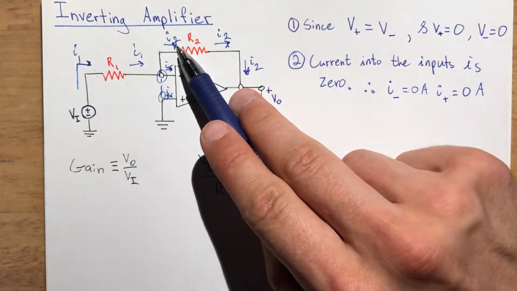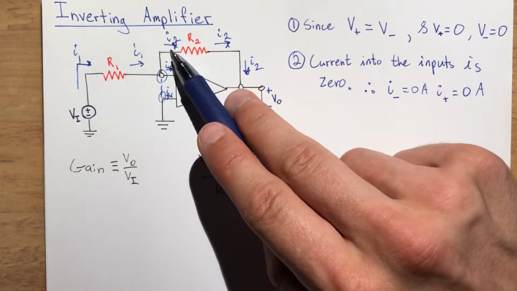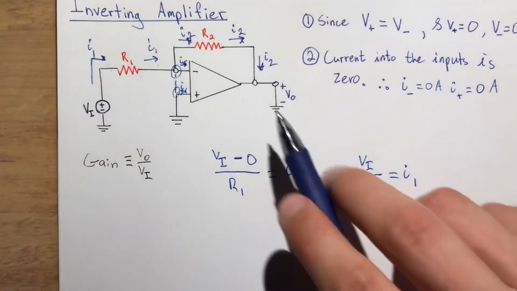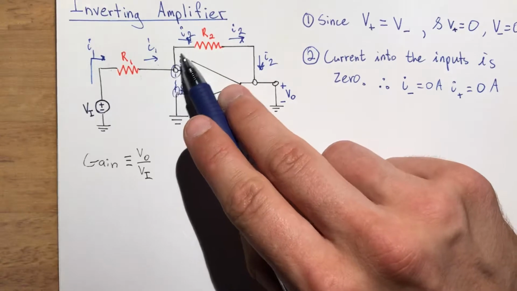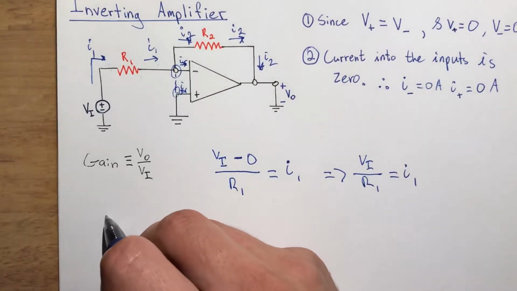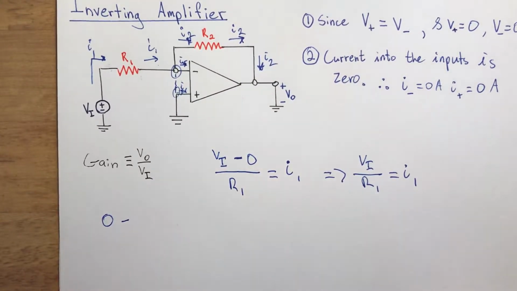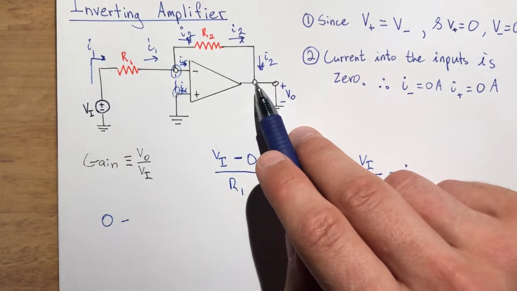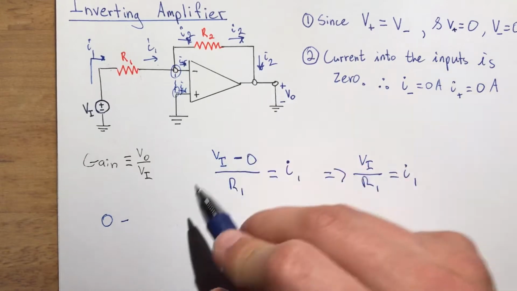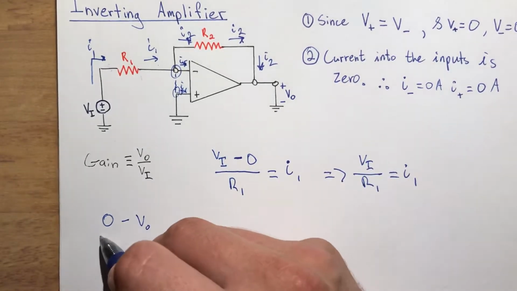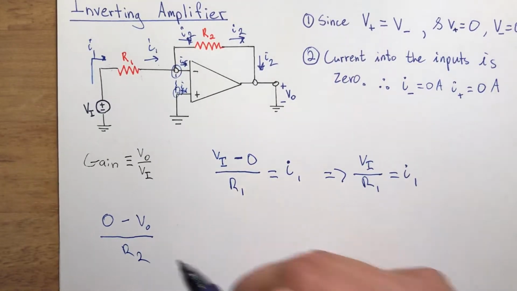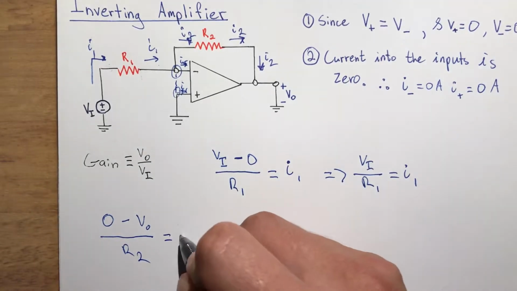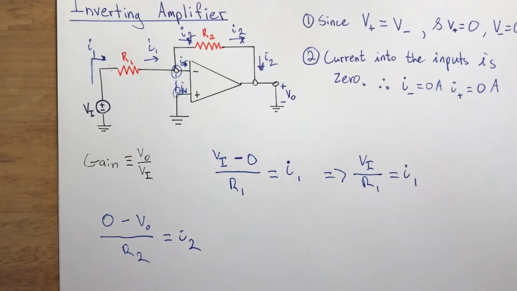Once again, to find I2, we can do voltage here. And guess what that's going to be? The same as here, right? It's going to be 0. So, 0 minus the voltage here, which is the same here. That's VO, the output, divided by R2, is equal to I2, the current.